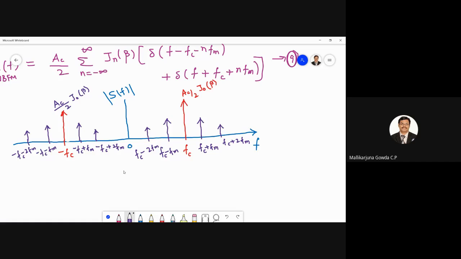But in case of wideband FM, for a single tone modulating signal only, we are finding n number of side frequencies, equally spaced from FC as FM, 2FM, 3FM, and so on up to NFM. I hope you got my point.